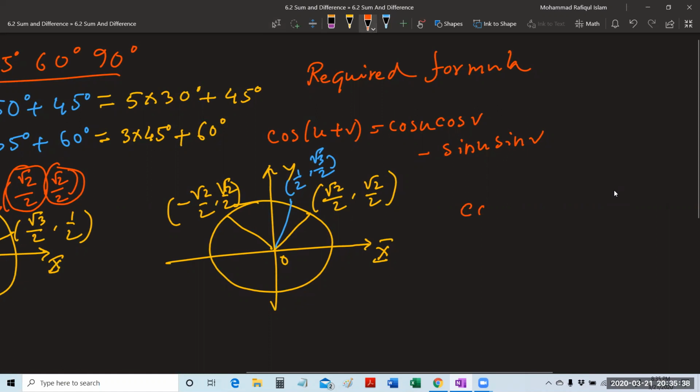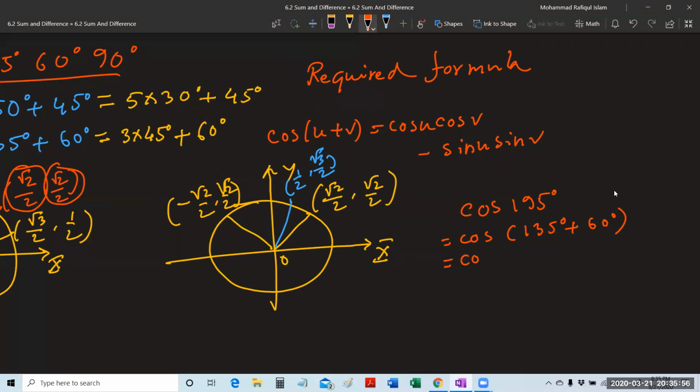So cosine 195 degrees equals cosine of 135 degrees plus 60 degrees, equals the same formula. We'll be using this formula here.